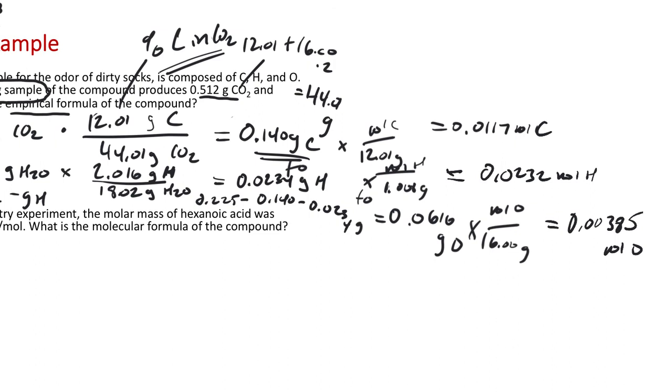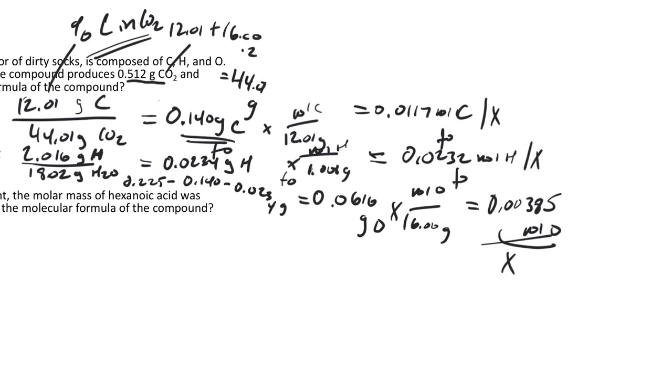Okay, so which of these is the smallest moles? It's the oxygen. If I call that X, I'm going to divide all these by X. So we're going to divide them all by the smallest number. I get 3.03 for carbon. 0.0232 divided by 0.00385, I get 6.03.